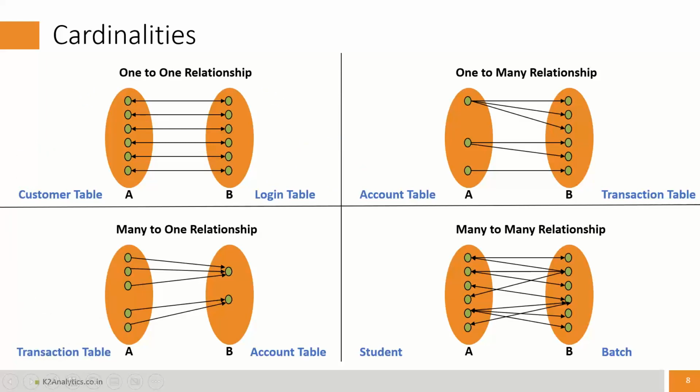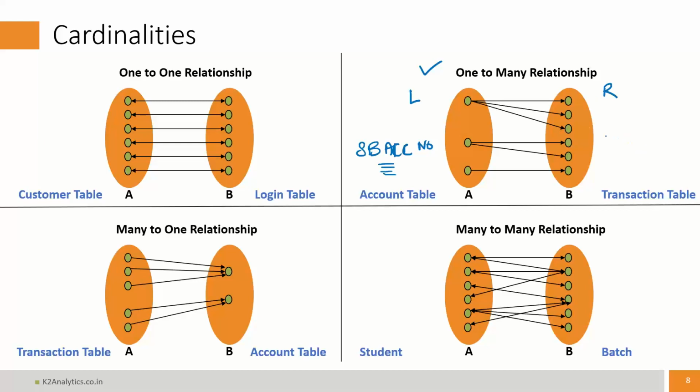Then there's another type of join which is called one-to-many. This is your left table and this is your right table. Example, account: you have a savings account, your savings account number. In the transaction table, when you do a transaction, the transaction is for which account.